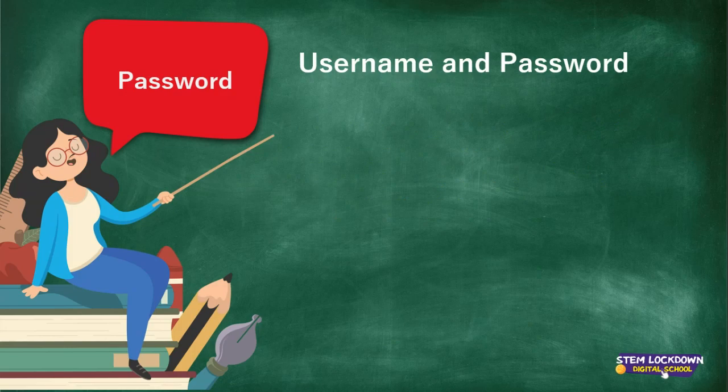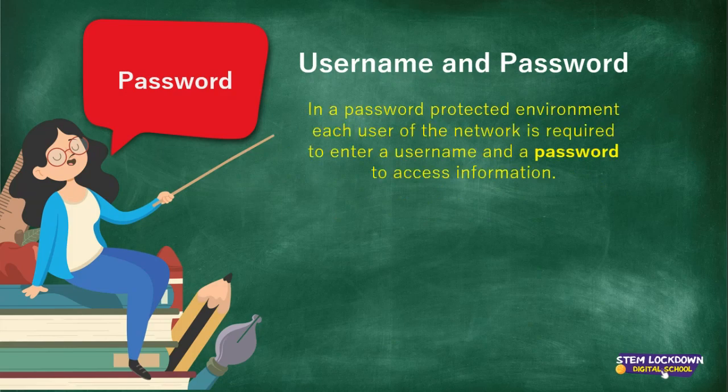All right, so in a password protected environment, each user of the network is required to enter a username and a password to access the information. Remember, every network has a network administrator. And what does the network administrator do? He's the one who manages the whole network.